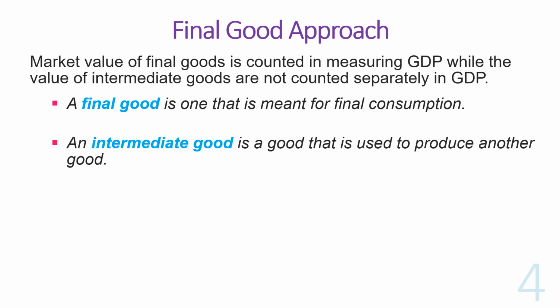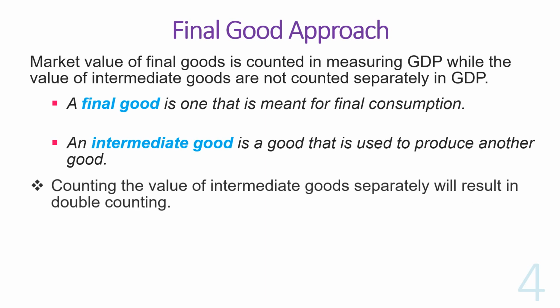Students, since the price of final good like car includes the values of all intermediate goods such as tires and airbags, etc., counting the value of intermediate goods separately will result in double counting and thus overstating GDP.